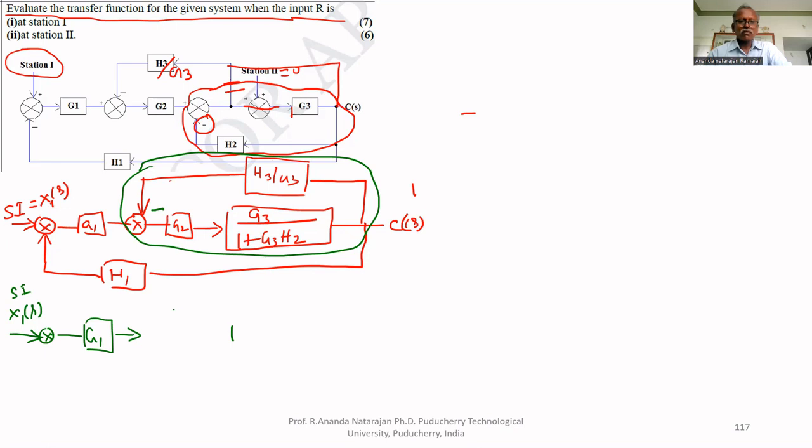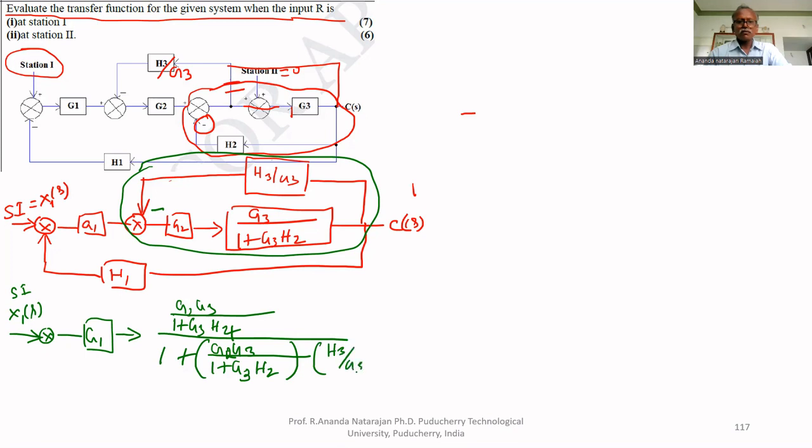Therefore, the numerator is G2 G3 divided by 1 plus G3 H2, whole divided by 1 plus, because of negative feedback, G2 G3 upon 1 plus G3 H2 multiplied by H3 by G3.